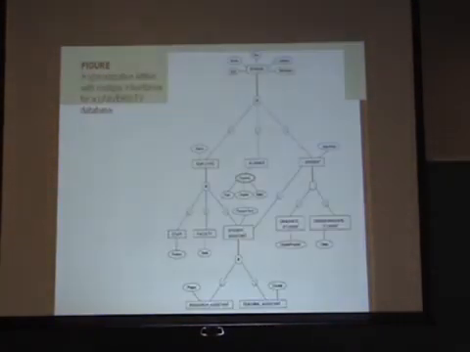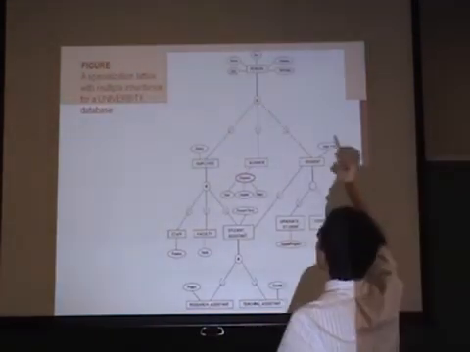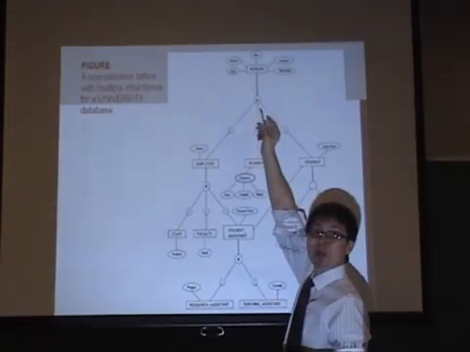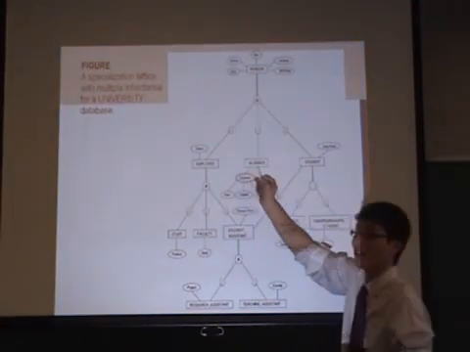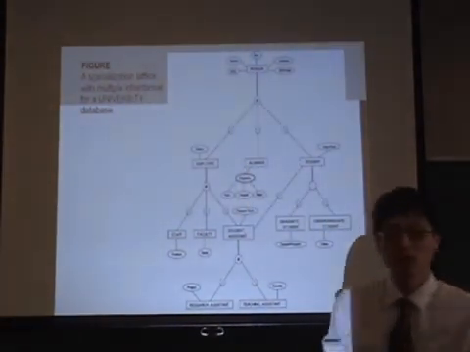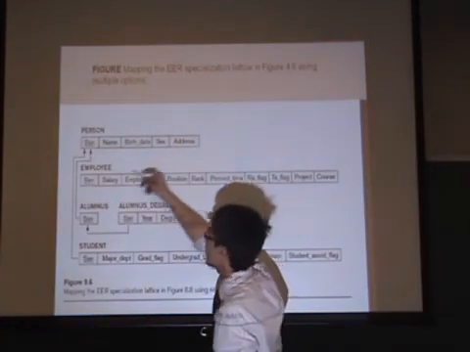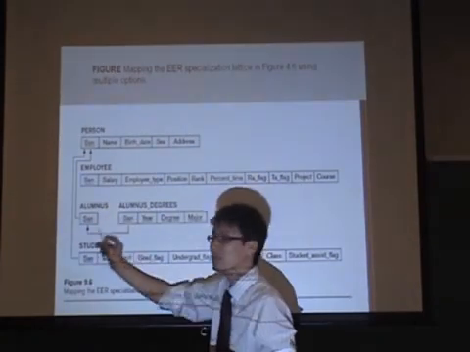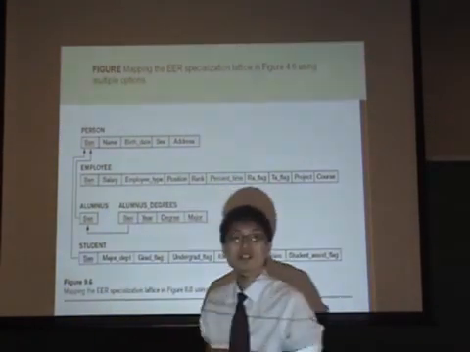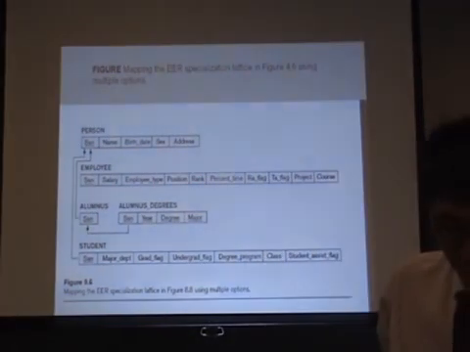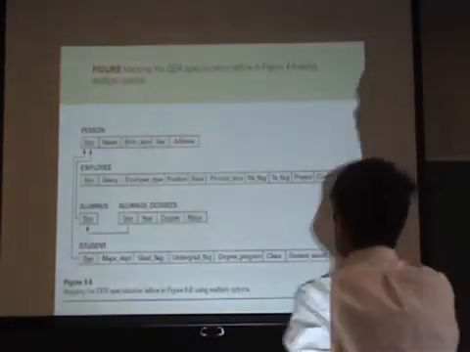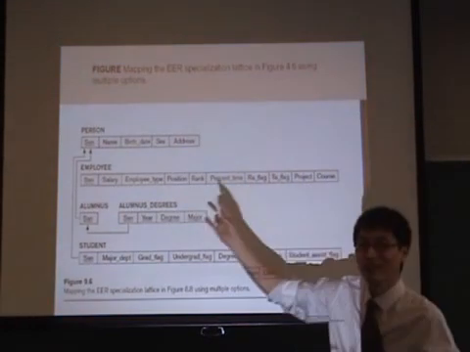Okay? From the first option, what is the first option? Create a relation for person. Create a relation for employee. Create a relation for alumnus. Create a relation for student. Then we create a person relation, we create an employee relation, we create alumnus, and we create students. This is the first option. Okay, then I know you are confused with this one, right?